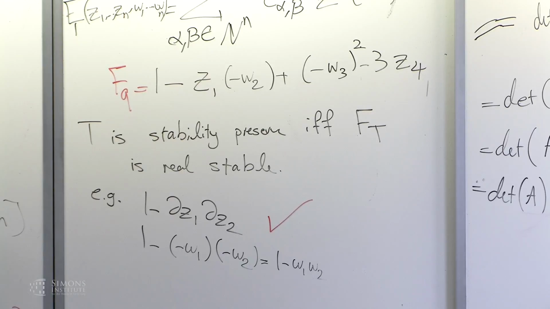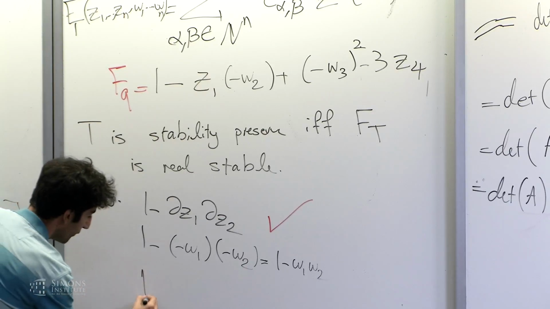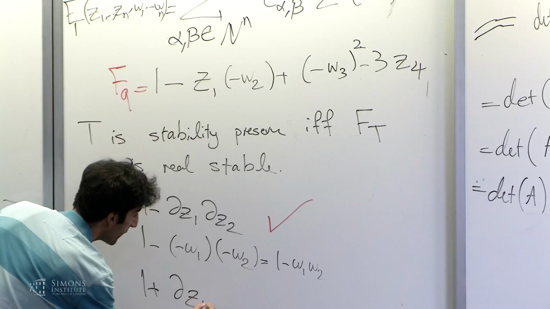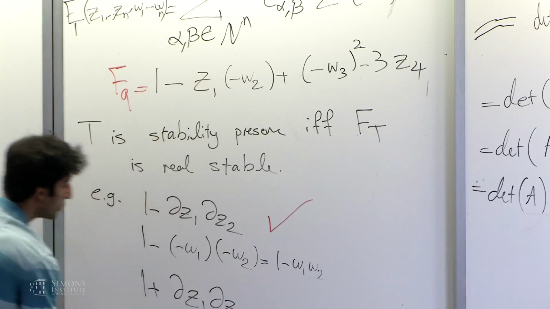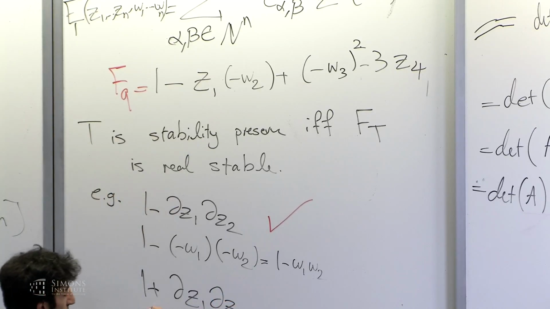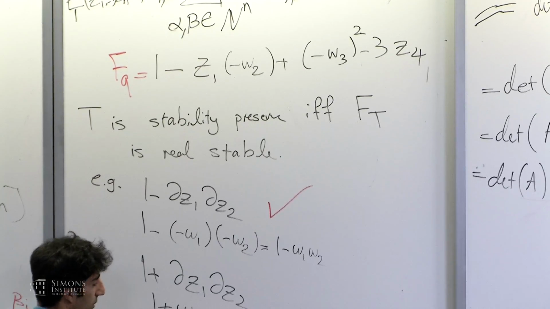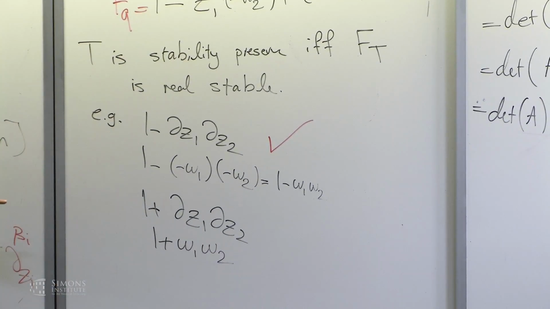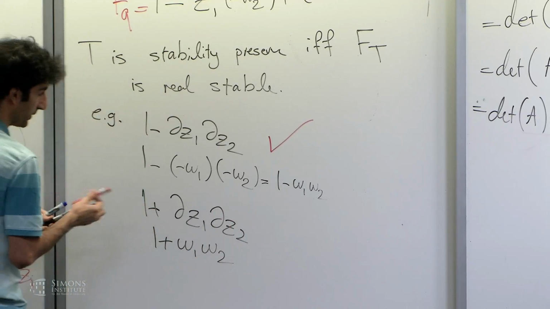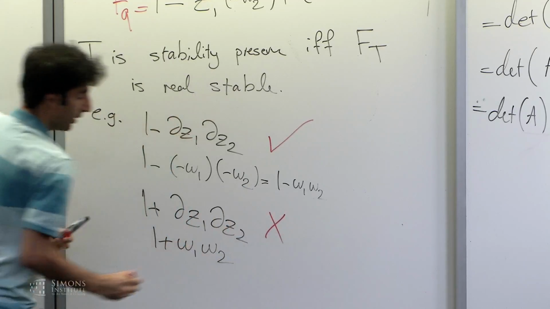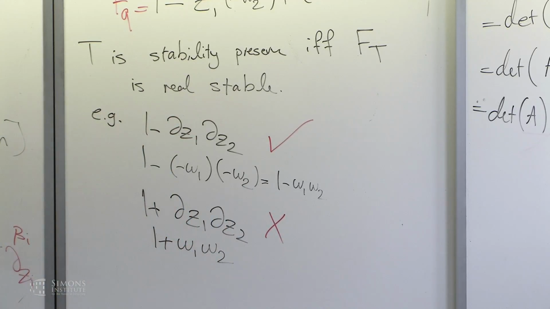Another example: 1 plus partial z1, partial z2. You do the f thing again. In this case, you actually get 1 plus w1 w2. We saw this one is not a real stable polynomial, so this is not a stability preserver operator. You can ask, why is this not a stability preserver operator?